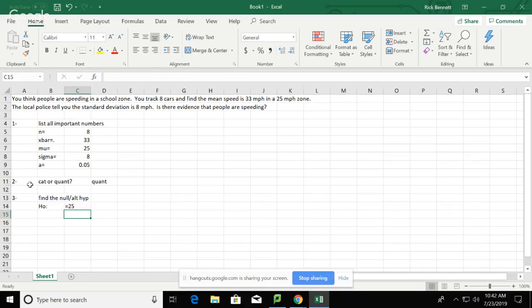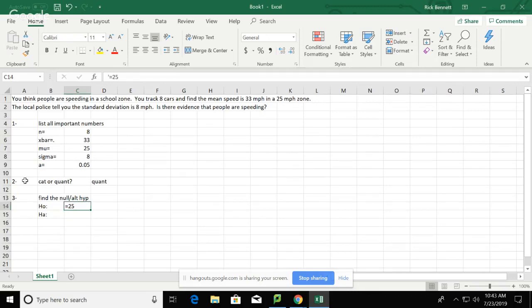What equals 25? Does n equal 25, x bar, mu, sigma, alpha? Oh, the mu. Mu equals 25 miles per hour.